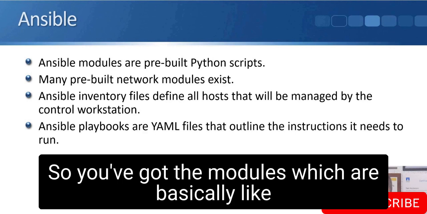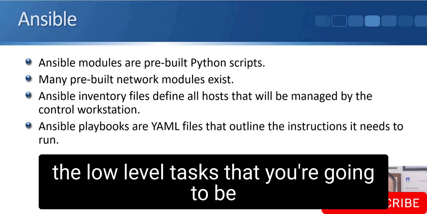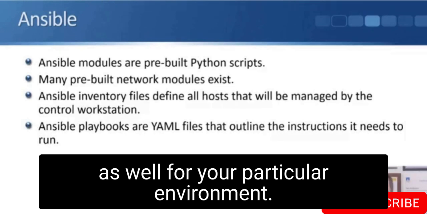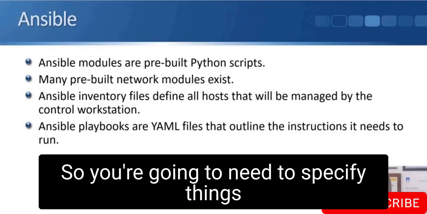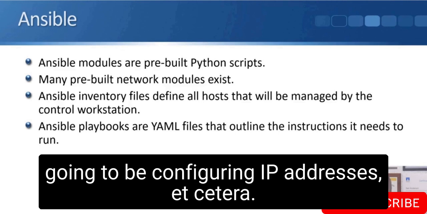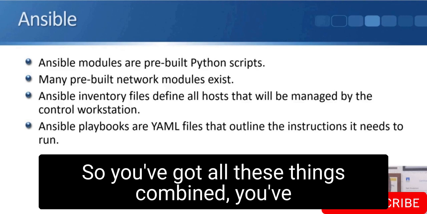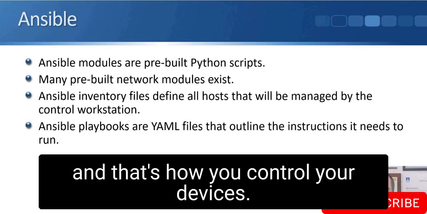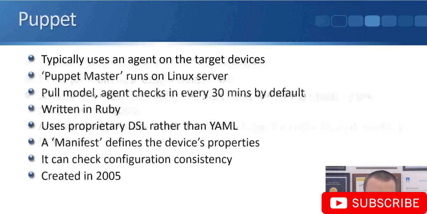You've got the modules, which are basically like the low-level tasks that you're going to be carrying out, but you need to customize those tasks as well for your particular environment. You're going to need to specify things like the hosts, the IP addresses, if you're going to be configuring IP addresses, etc. So you've got the module, the inventory, and the playbooks, and that's how you control your devices.